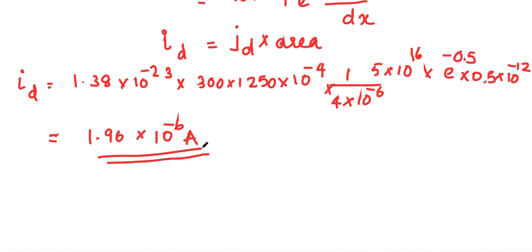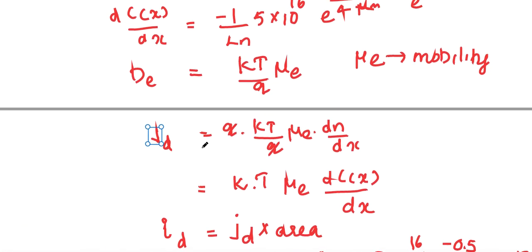Now you can just do the calculation with the units only, and you can verify that you will get this value in amperes, because all the units are given in the question. So we can substitute those units and we will find that this value corresponds to the ampere. So there is nothing you need to worry about.